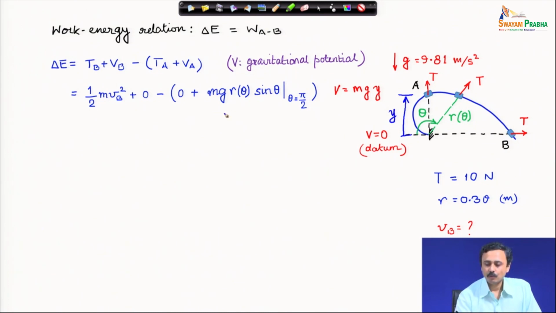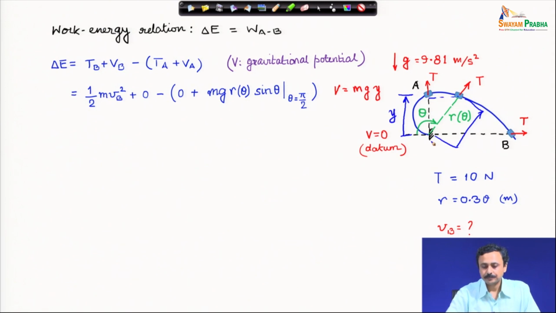In m g y, y must be equal to this radial line times sin theta. This radius r times sin theta is nothing but the projection on the vertical axis. r times sin theta is the projection of the radial distance on the vertical line, because theta is being measured from this horizontal line.